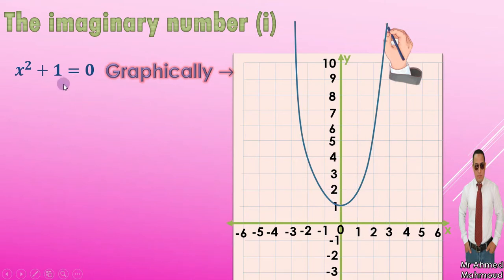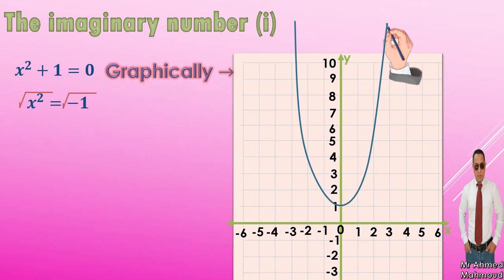Okay, back to the equation x power of 2 plus 1 equals 0. I'm going to send 1 to the other side to be negative 1. So I will take the square root for the two sides like this. But as I said before, the square root of a negative number is meaningless. So here the solution set in R is phi.